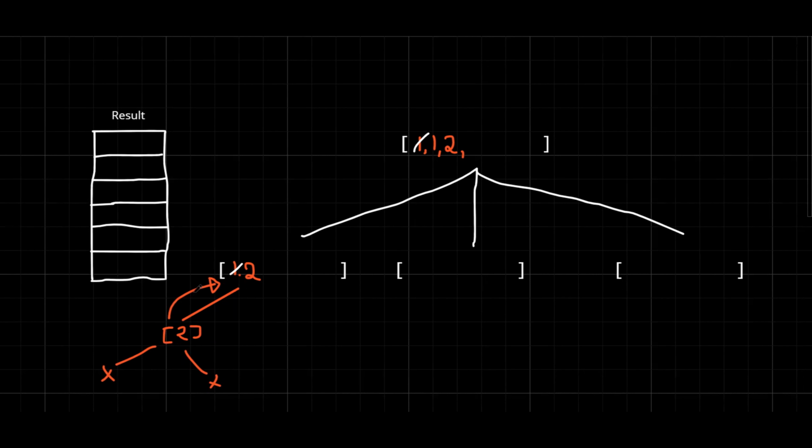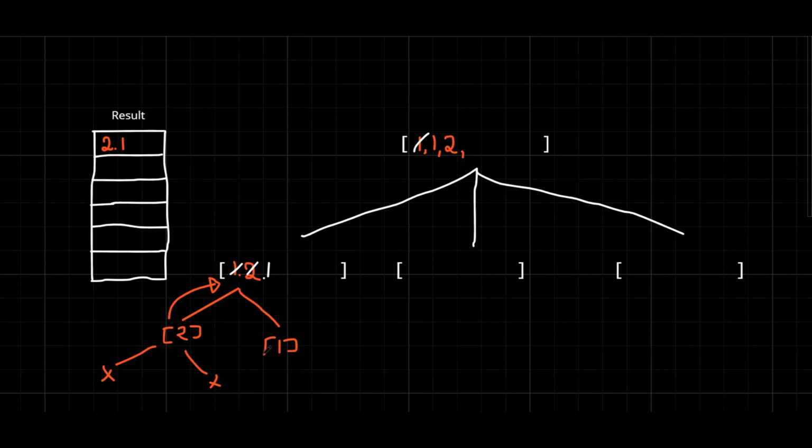And after that, as we ignored the value 1, we have to append the value 1 at the last of the vector. So now our vector is 2 and 1. Now from this 2, 1, we have to ignore 2. So our input vector can contain only the value 1.